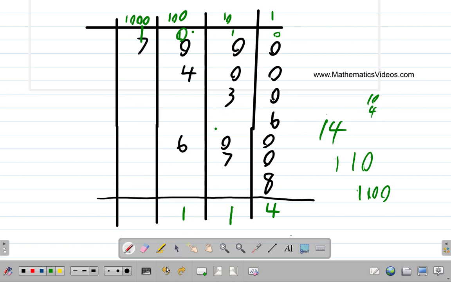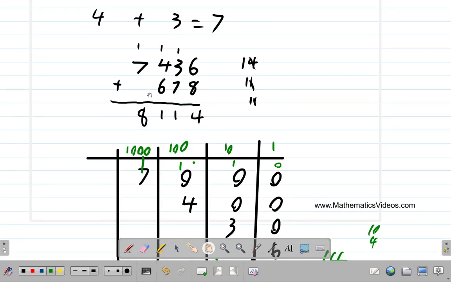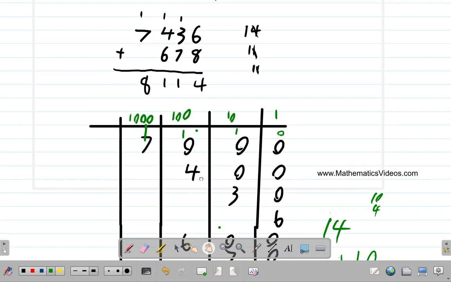You see? So you put the 1 over the 7 because these are 1,000 and 7,000 that you're going to add. 7,000 and 1,000 give you 8,000. So you write the 8 down here. So really 8,000. You see? So that is basically what happened.